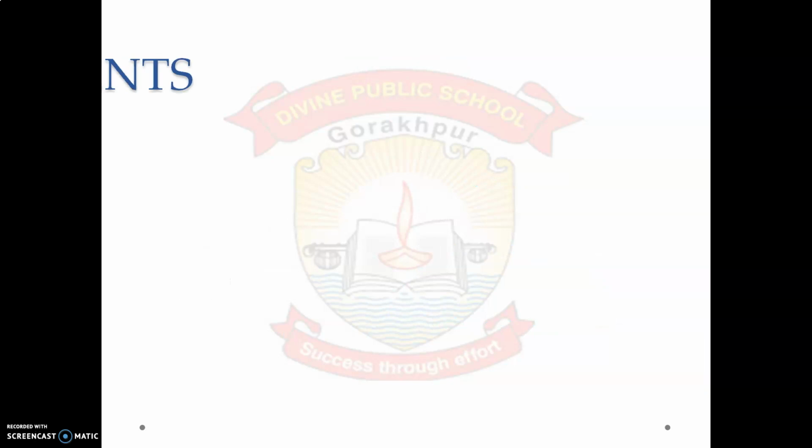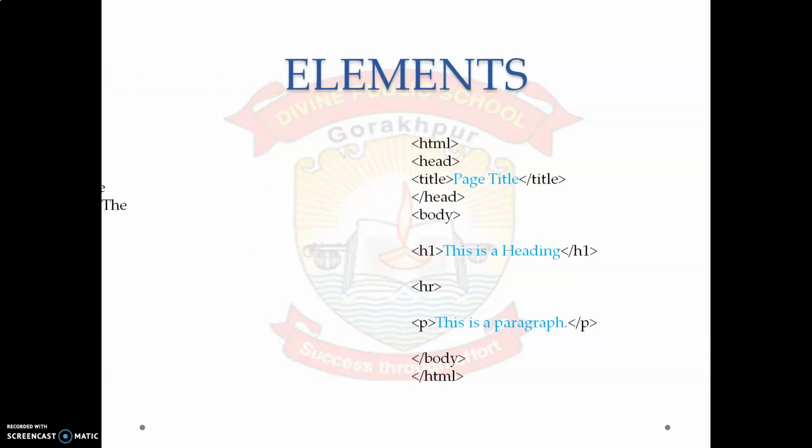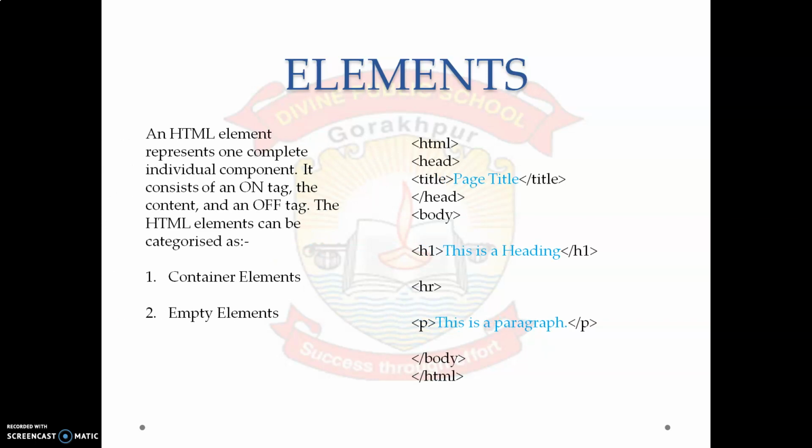Next, elements. Now, an element represents one complete individual component. It consists of an on tag, the content, and an off tag.